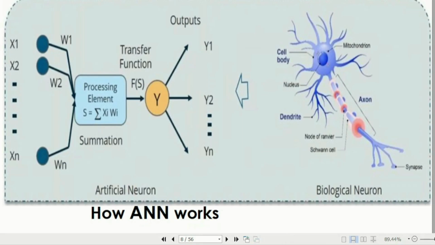In other ways, neurons are basically cells of the brain and nervous system that are responsible for sending signals to the other cells. So we are very much concerned with the weights, which represent the interconnection strengths between the neurons. The activation function is a transfer function that is used to get the desired output for the problem designed.